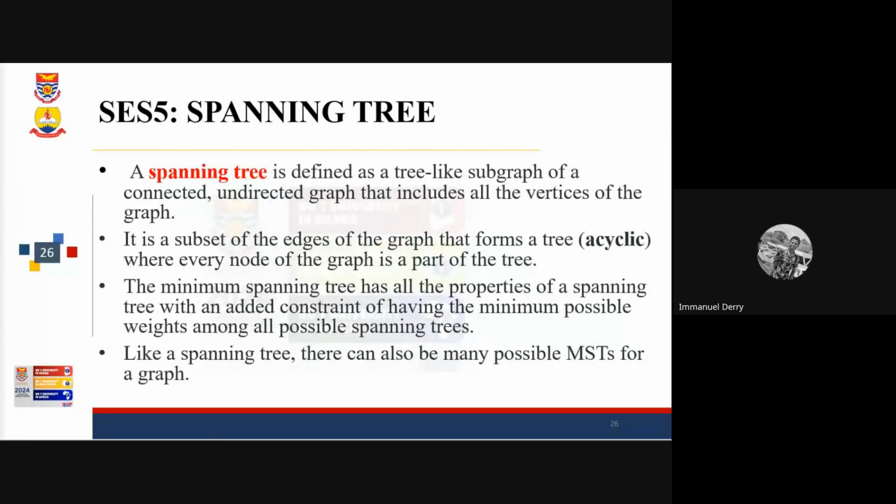The spanning tree is not supposed to be a circle. And all the vertices or the nodes of the graph are part of the spanning tree. Now moving on further, we can find a minimal spanning tree, which has all the properties of the spanning tree, except that when you add the weight of that particular spanning tree, it should be the least among all the possible spanning trees that we have.